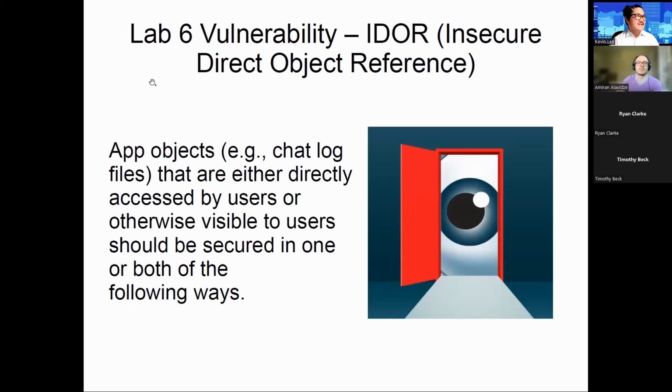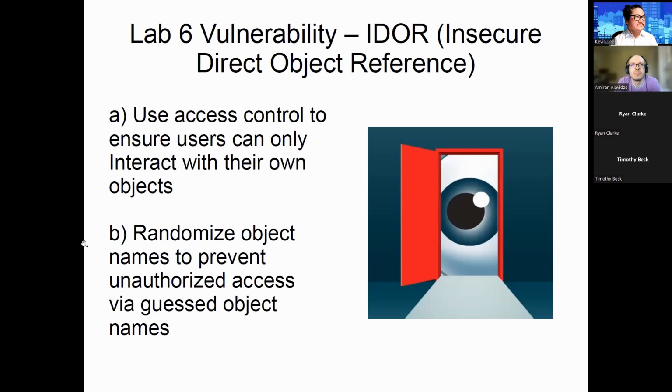Okay, so lab 6: this vulnerability is the IDOR vulnerability, which stands for Insecure Direct Object Reference. App objects, for example chat log files, that are either directly accessed by users or otherwise visible to users should be secured in one or both of the following ways. A, use access control to ensure users can only interact with their own objects.